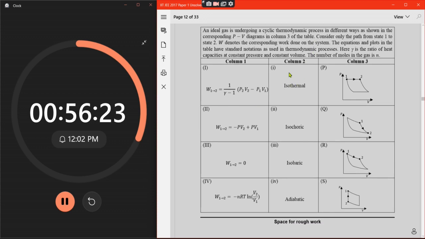So we just want only the path from 1 to 2, right? Okay, so 1 to 2 is just constant pressure, isobaric. So third for P, so just start doing it, right? Okay, so we'll just start with P. For P it's isobaric and also work 1 to 2. It's always going to be 1 to 2. So what's the work done? Work done is just PV2 minus PV1.